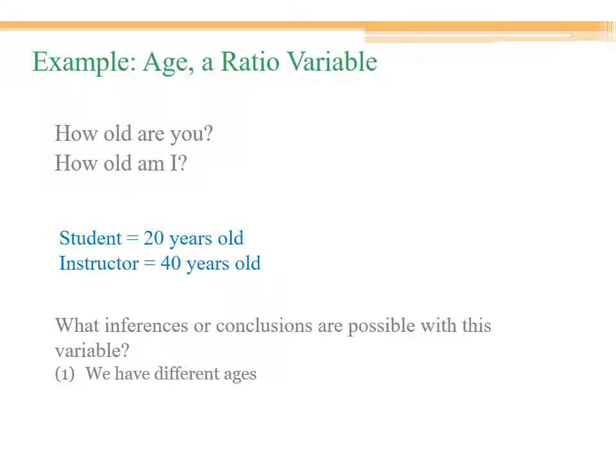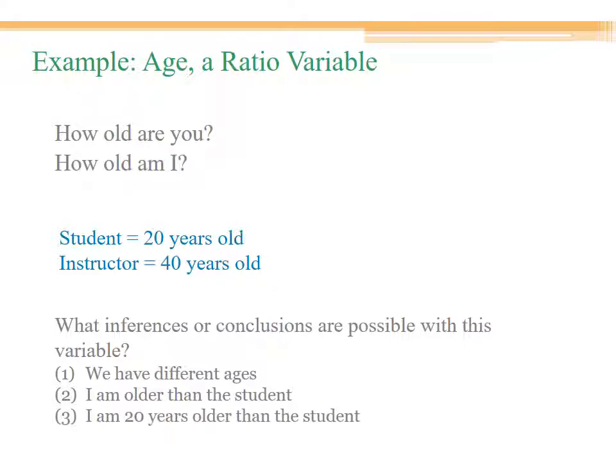We can also infer that I am older than the student. I am 20 years older than the student, and that I am twice as old as the student. Finally, the term ratio comes from this last conclusion, number 4. I am twice as old as the student, so the ratio of ages is 2 to 1.